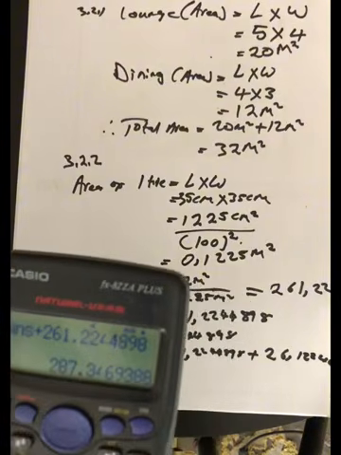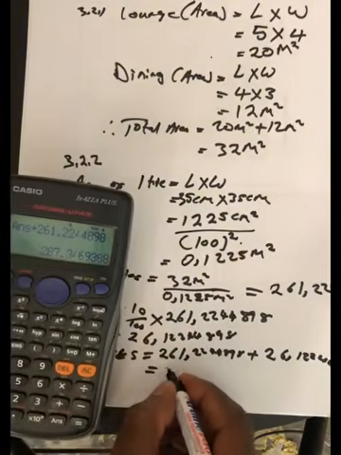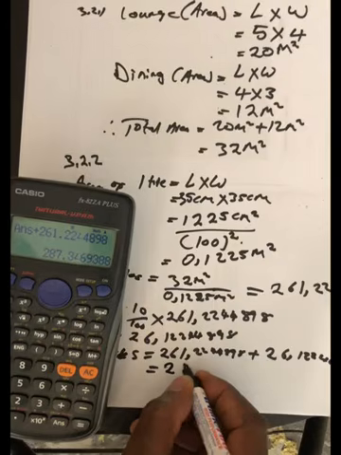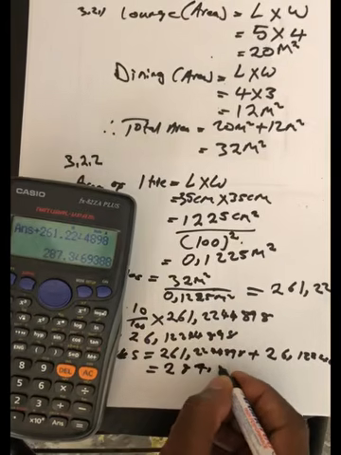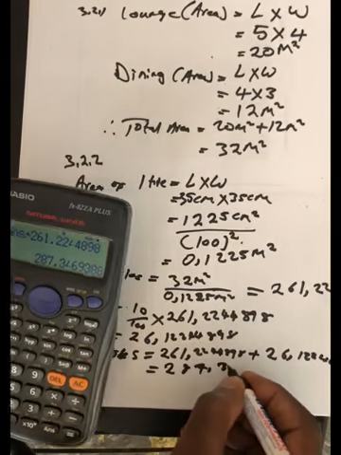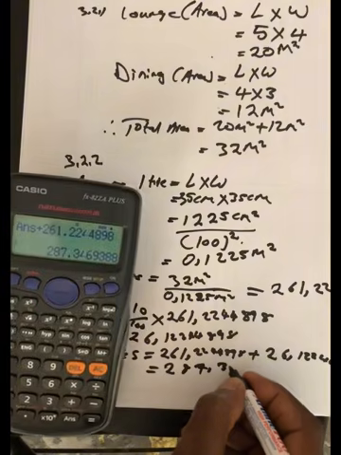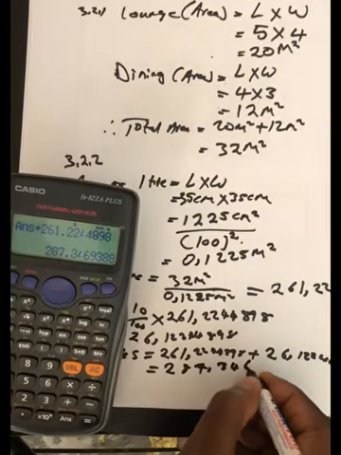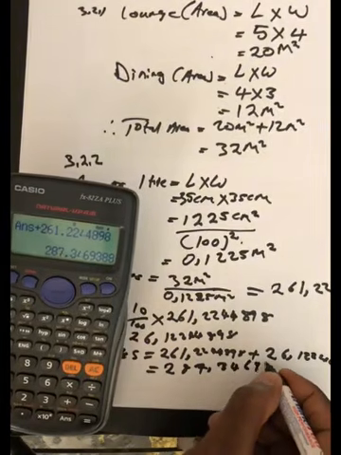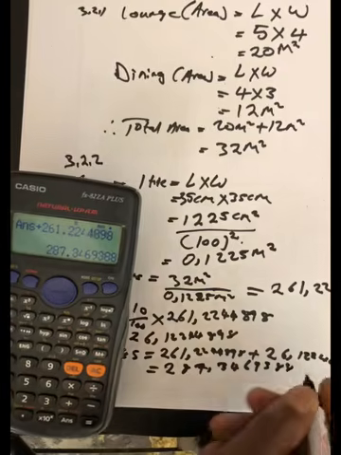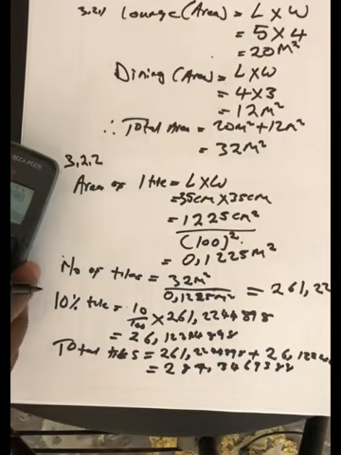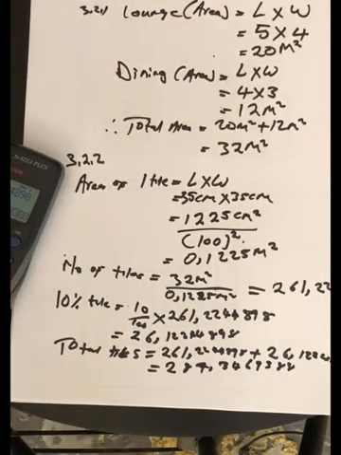We find that the number of tiles that need to be bought is 287,34,693,388. This is the number of tiles that need to be bought.